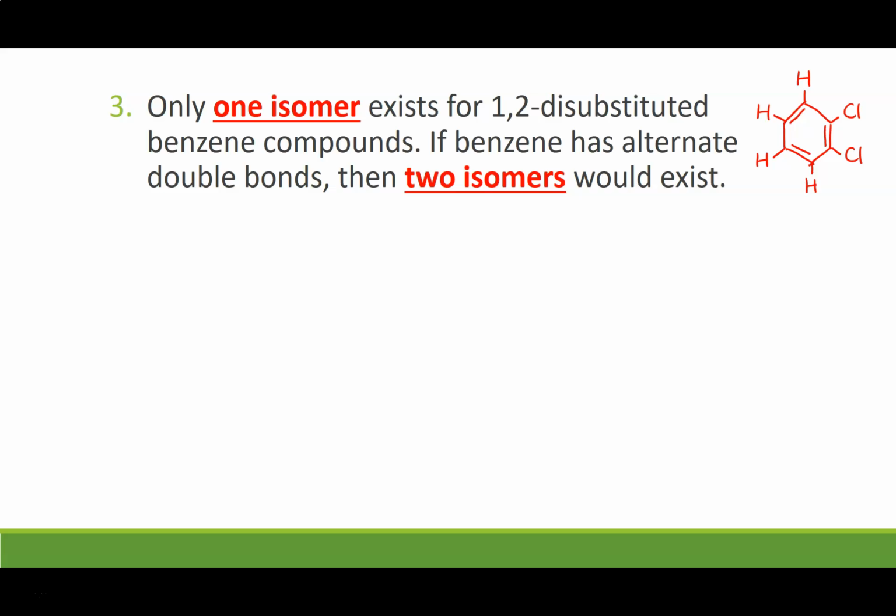In this case, I have drawn a 1,2 dichlorobenzene. If benzene actually has alternating single double bonds, then there will be 2 isomers possible for this compound. However, only one isomer exists. So this tells us that benzene actually has resonance structure.